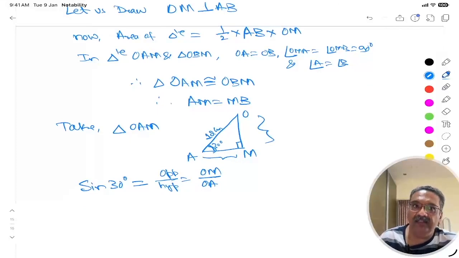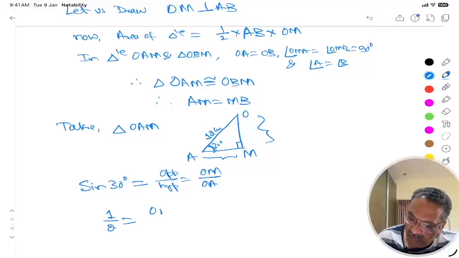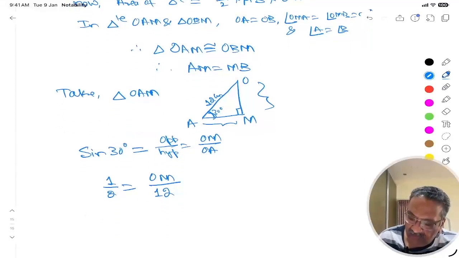Sine 30 is 1 by 2. So 1 by 2 is equal to OM by OA, which is 12. Therefore OM is equal to 12 by 2, which is equal to 6 centimeters.